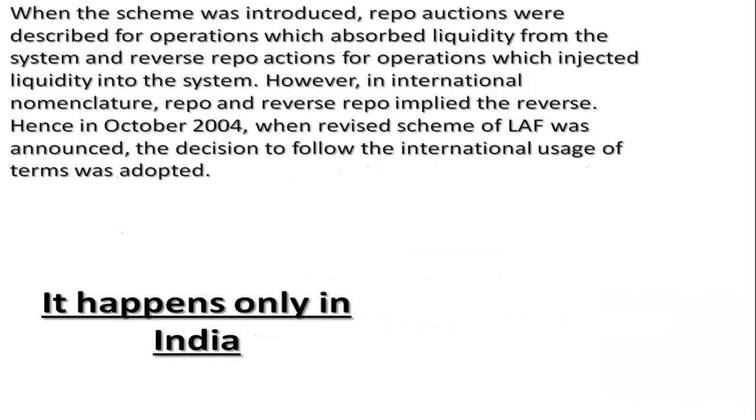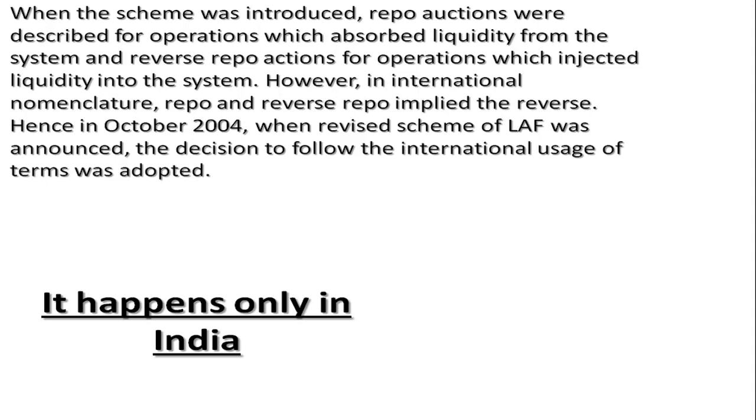One more interesting fact to be noted here is that when the scheme was first introduced, the repo options or repo auctions were the options which sucked out liquidity from the financial market or economy, and reverse repo was the option which pumped liquidity into the economy.